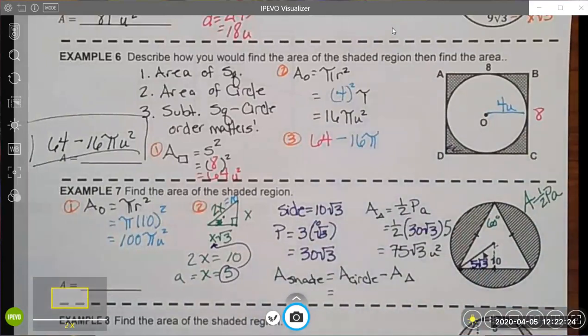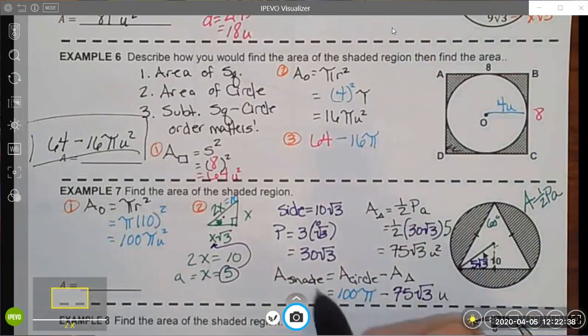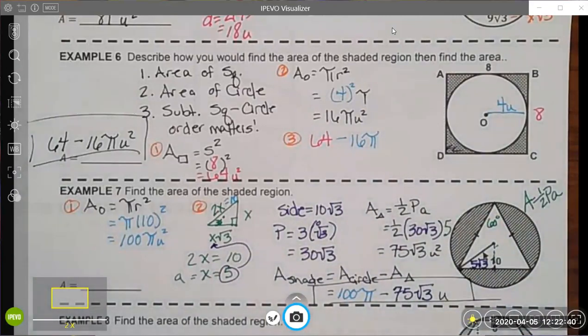The area of my circle, we learned, was 100 pi, and the area of my triangle is 75 square root 3. And while that looks very strange for an area calculation, that is the most exact answer. Remember, answers are exact if I leave them in radical form and if I leave them in terms of pi.